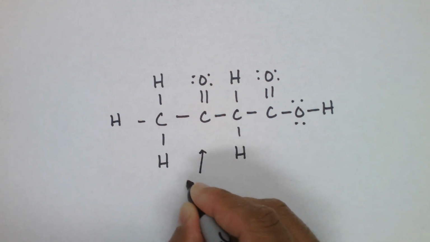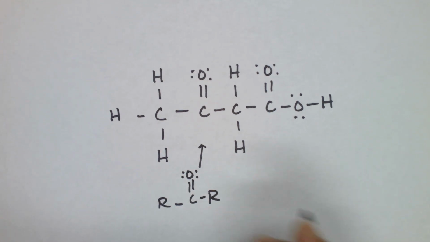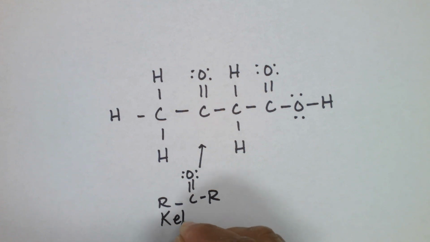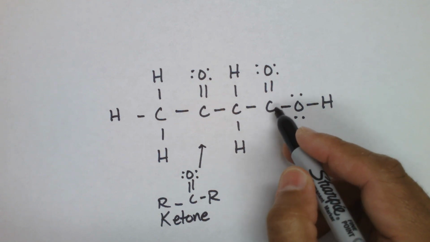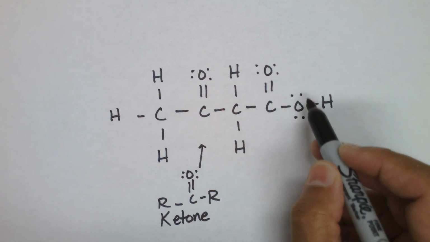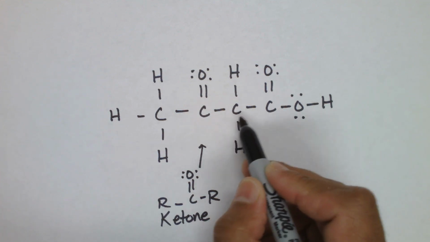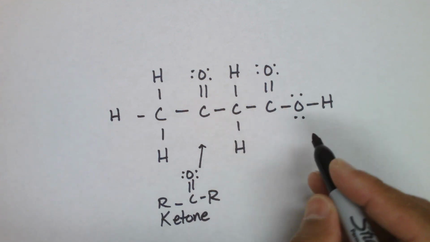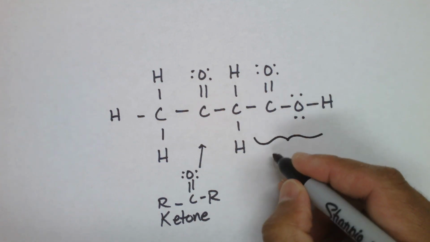And when you have a carbonyl bonded to two R groups, these are called ketones. And then over here, of course, we have this carboxylic acid, the COO. This oxygen is bonded to a hydrogen, and this is bonded to an R group. So right in here, we have this carboxylic acid.